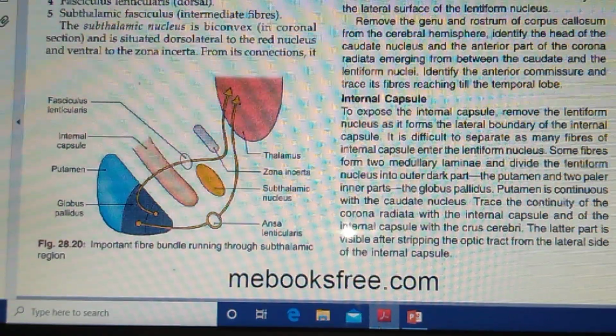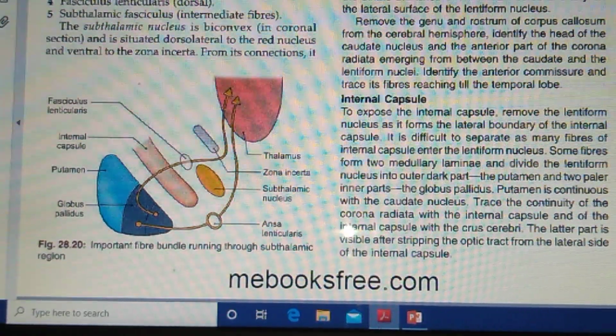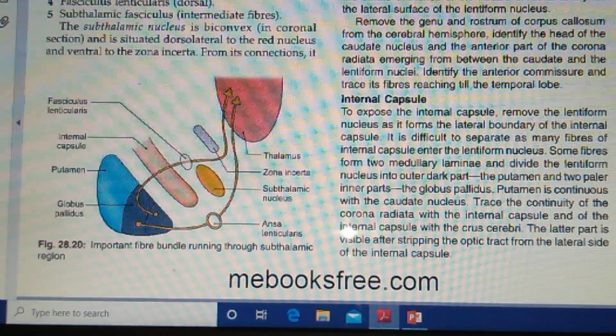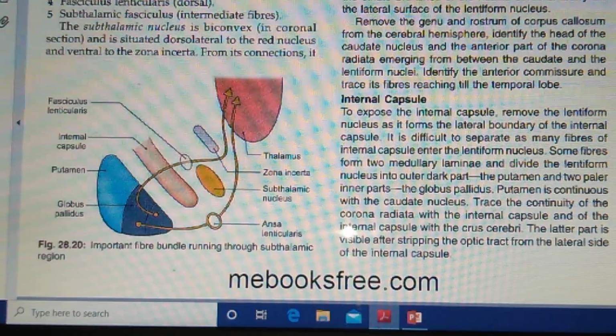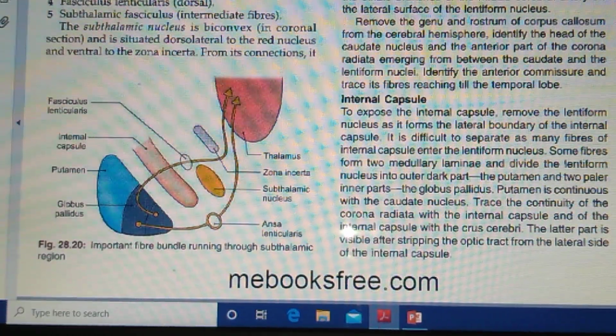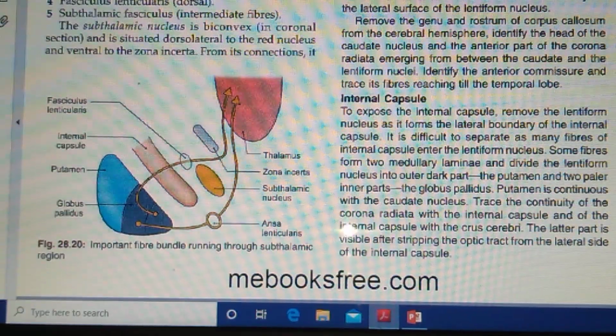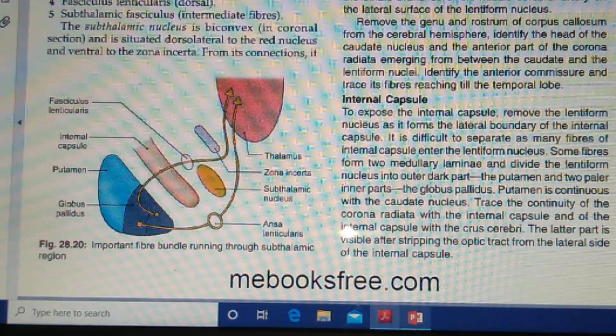The zona incerta that you can see here, right? It is a thin lamina of the grey matter situated between the thalamus and the subthalamic nucleus. Laterally it is continuous with the reticular nucleus of the thalamus, and its activity influences the drinking of water, right? So zona incerta is related to the drinking of water, right?